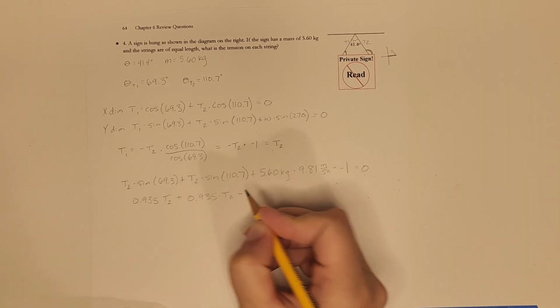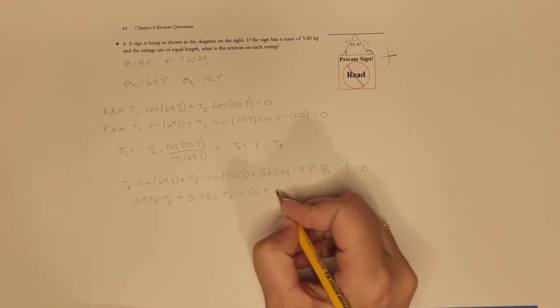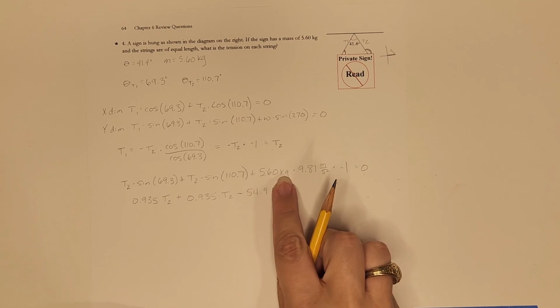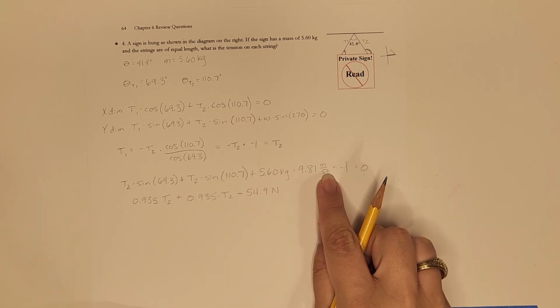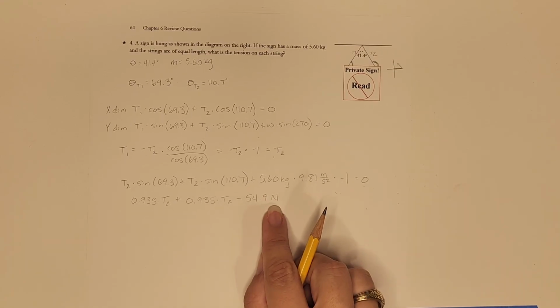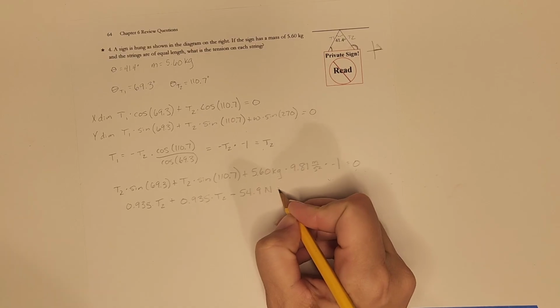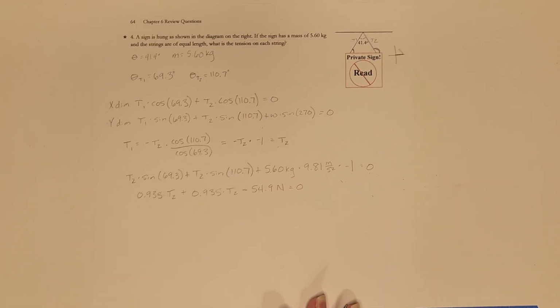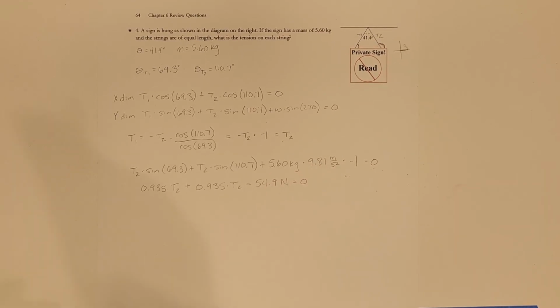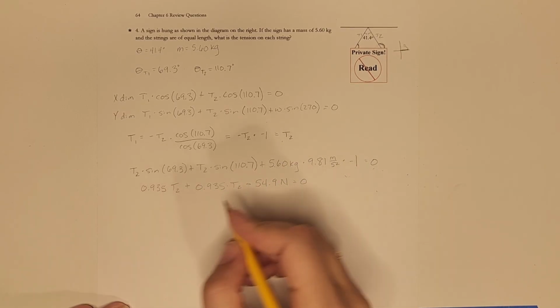So minus 54.9 newtons. We have kilograms times meters per second squared, and that is simplified as newtons for my unit, all equal to 0.